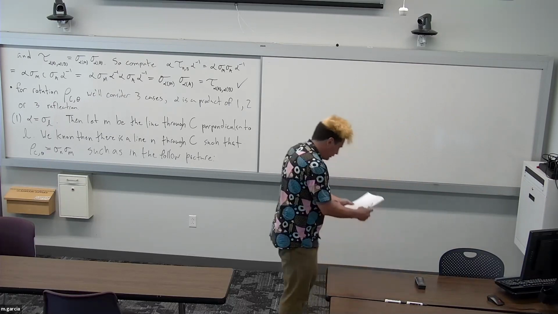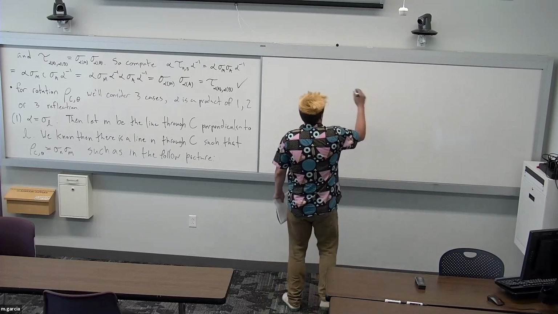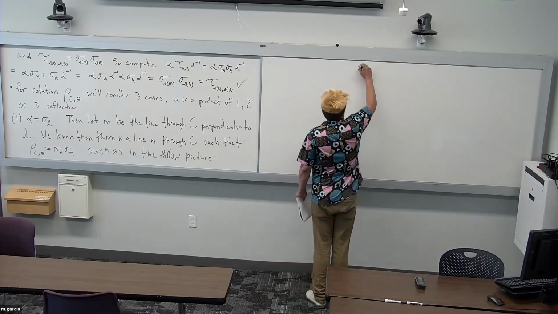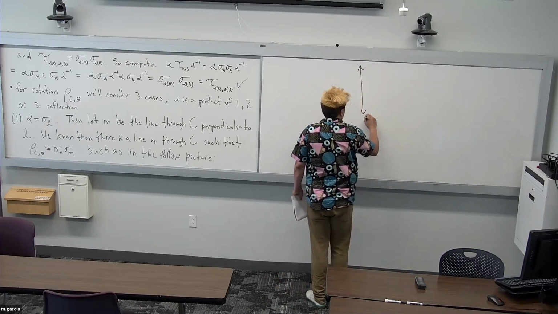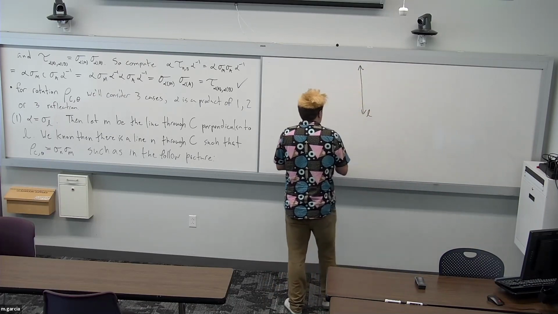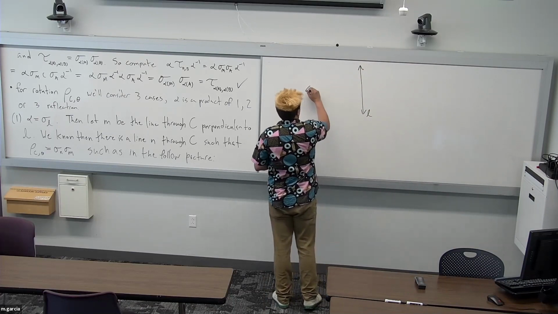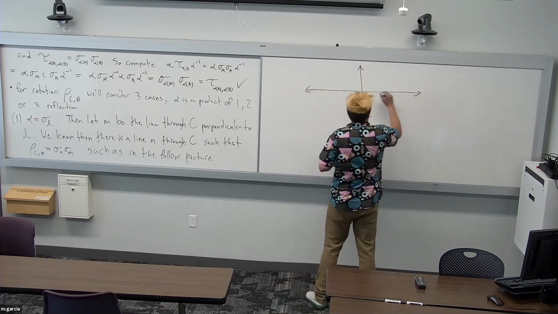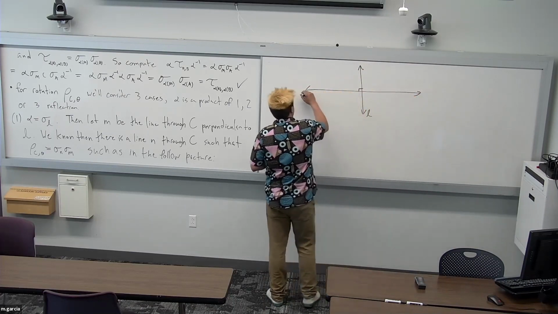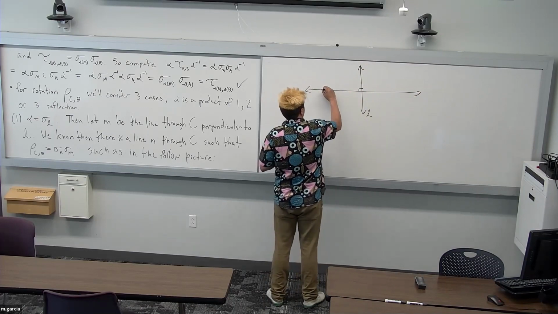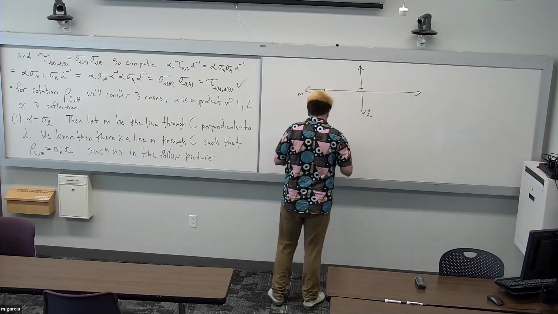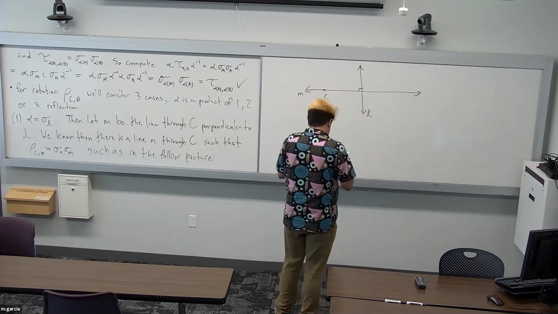Okay, so we have some line L, and we chose M to be perpendicular to L through the point C, right?